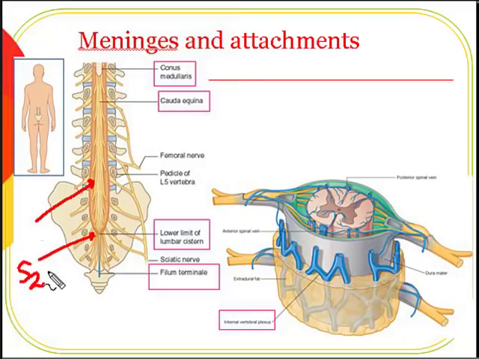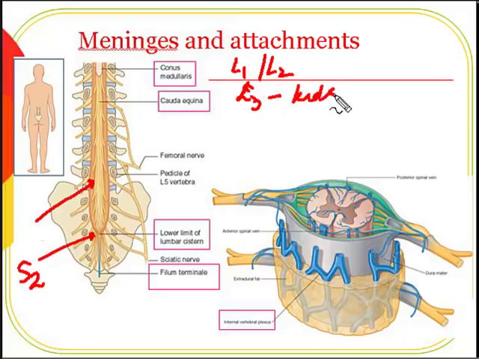The arachnoid mater follows this dural sheath, and that also ends at the level of S2. And I told you that the spinal cord ends at the level of L1 or L2 in adults and L3 in children. So this is L3 in children.